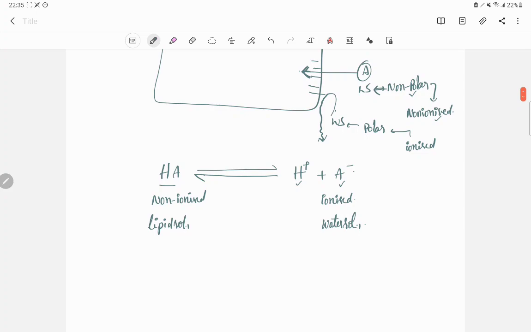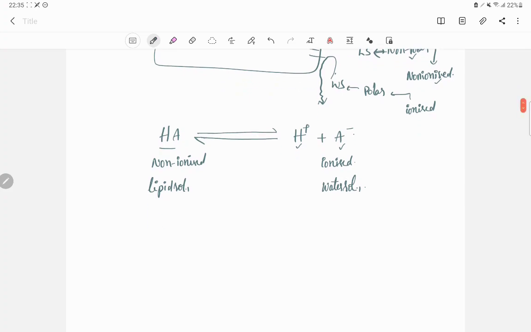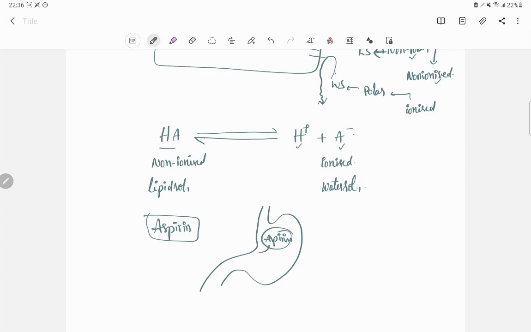Now what we are going to do is, let's take a drug which is aspirin, and it is in the stomach. Okay, in order for aspirin to be absorbed, what has to be done? See, A for acidic.